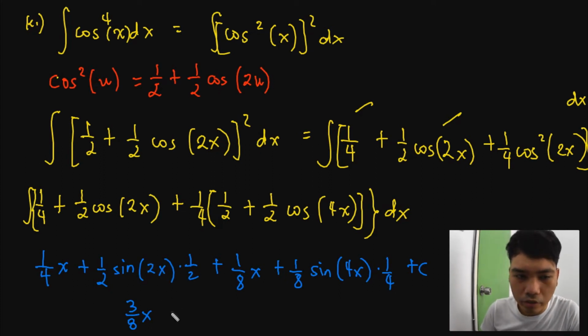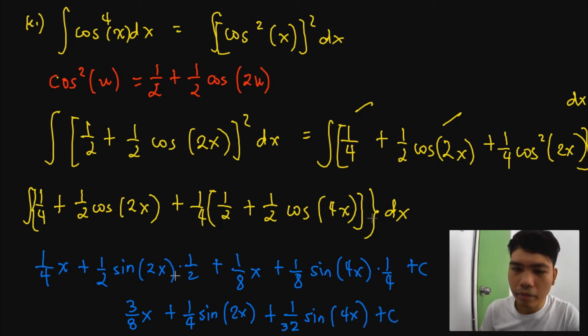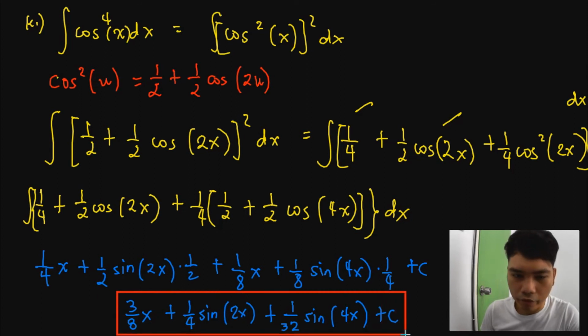So, we can just write plus 1/4 sine 2x. Okay, and then yung ating last term is 1 over 32 sine of 4x plus c. Okay, so this could be your final answer for this problem.